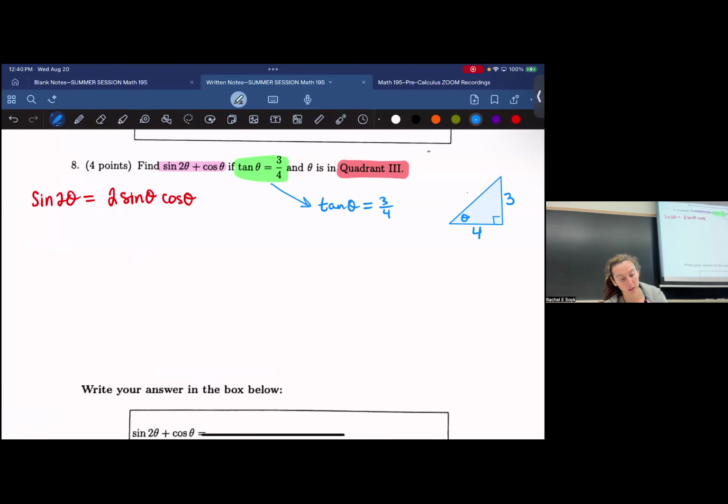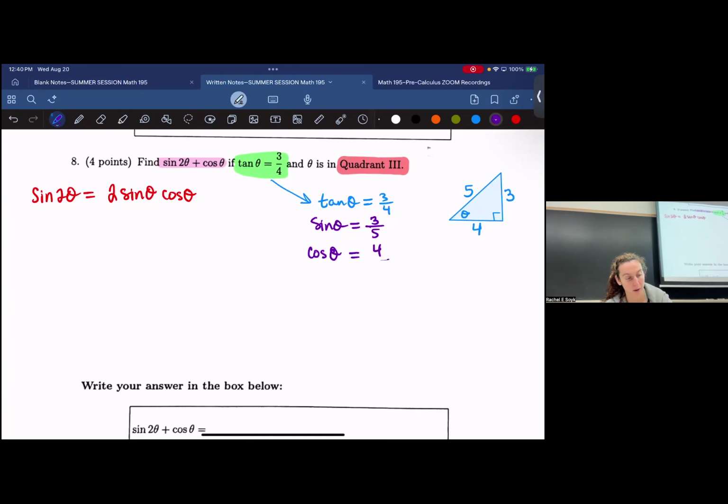We have a 3, 4, 5, which tells us that sine theta is 3/5, and our cosine theta, adjacent over hypotenuse, is just 4/5.